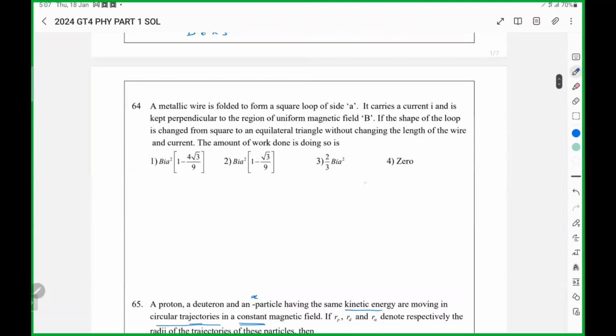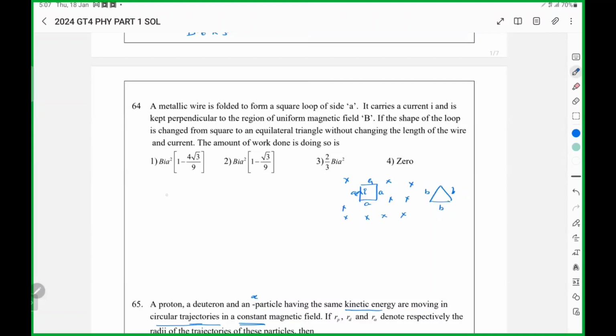A metallic wire is folded to form a square loop of side a. It carries a current I and is kept in a uniform magnetic field, and it changes its shape to an equilateral triangle.